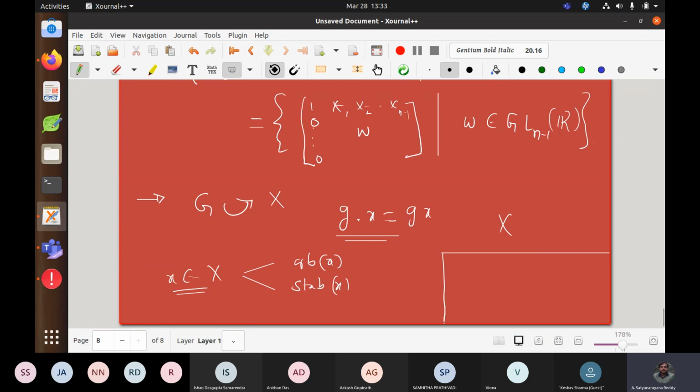So this action is dividing my set X into different orbits. So here I am writing the orbit of X. Sometimes it is the whole of X also. Sorry, this diagram may mislead in that case, but for understanding only I am telling.